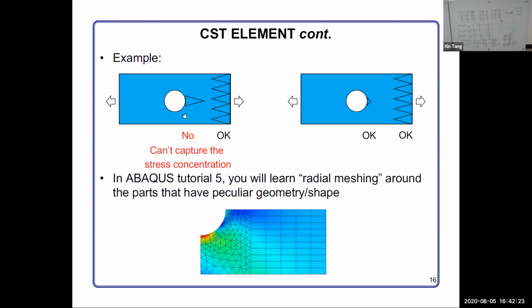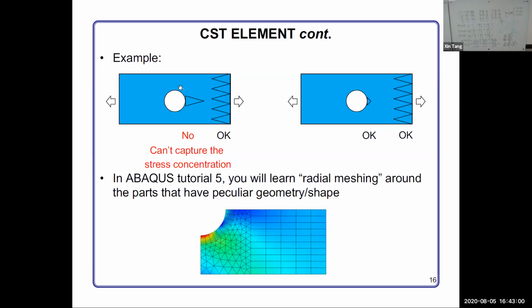Based on mechanics, we know that when we stretch this plate, the stress distribution around this hole will have a stress concentration. If this is a perfect hole, the normal stress around the hole in the stretching direction reaches its maximum value, with a linear stress concentration factor equal to 3. This means the stress here is 3 times more than the far-field stress applied.